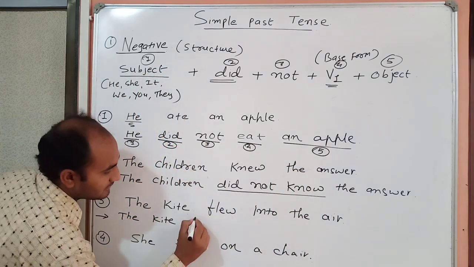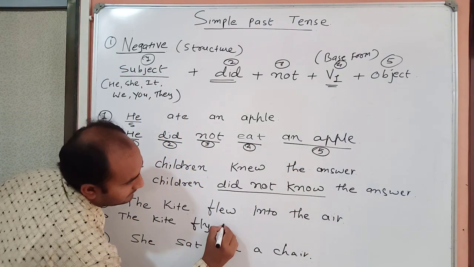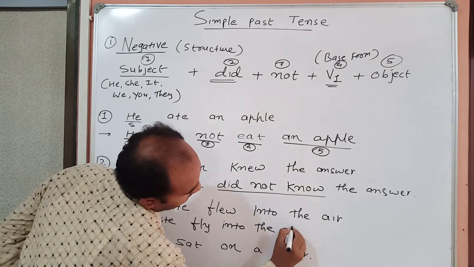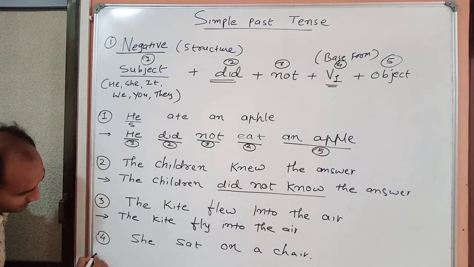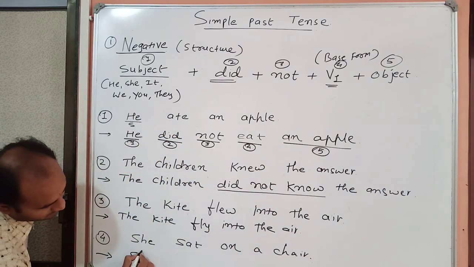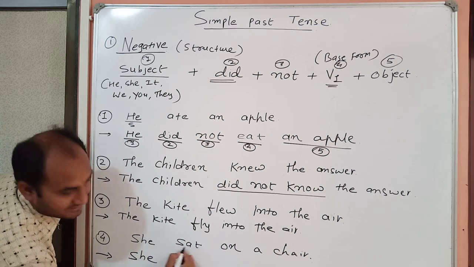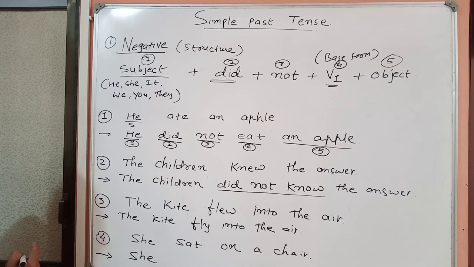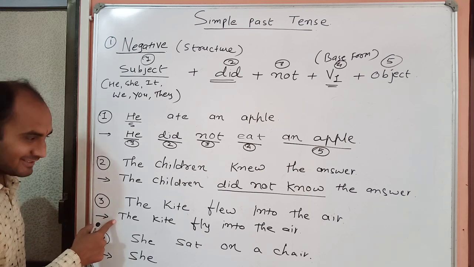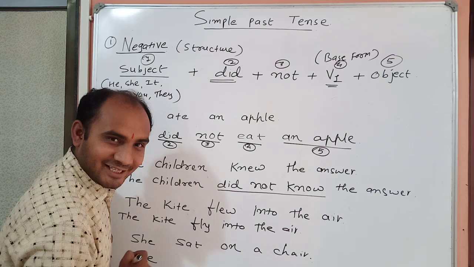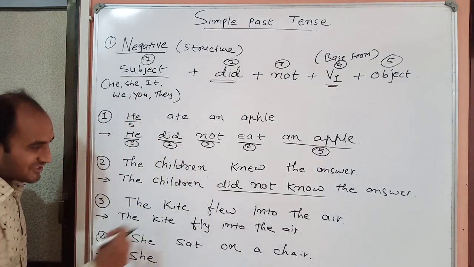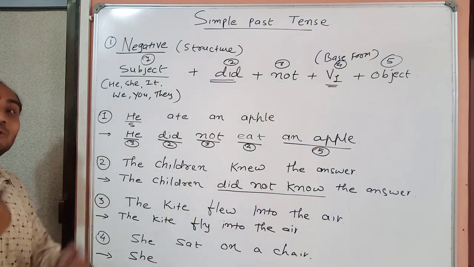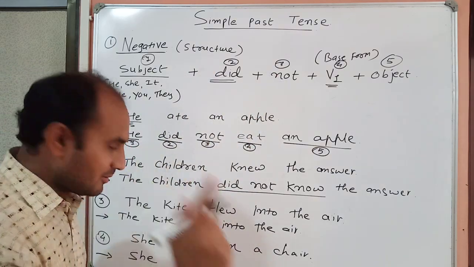So the kite fly into the air. And the last one, she sat. The third one is not right: the kite fly into the air. Because in this statement we forgot to write did not, since we have to convert into negative. So remember properly.